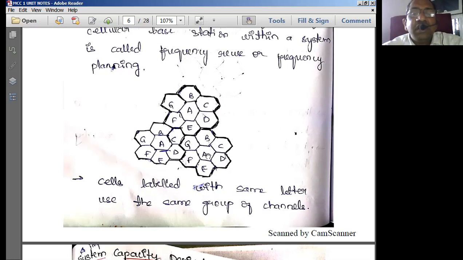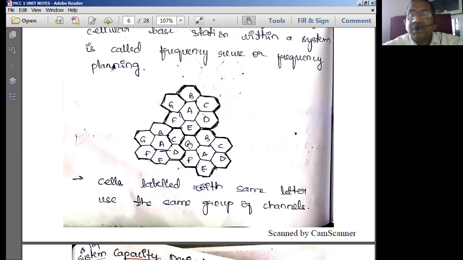Every cell tower covers approximately 5 kilometers of radial distance. So the distance between cell A in one cluster and cell A in another cluster is going to be 5 kilometers apart. Cell G of this cluster is more than 5 kilometers apart from cell G of that cluster.